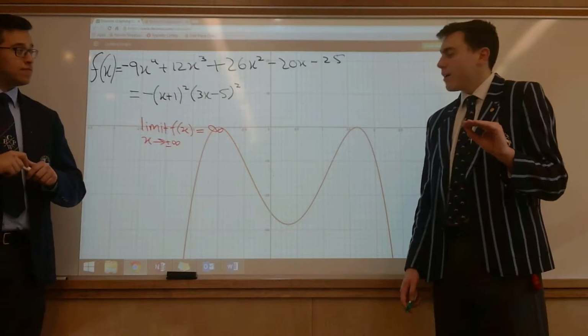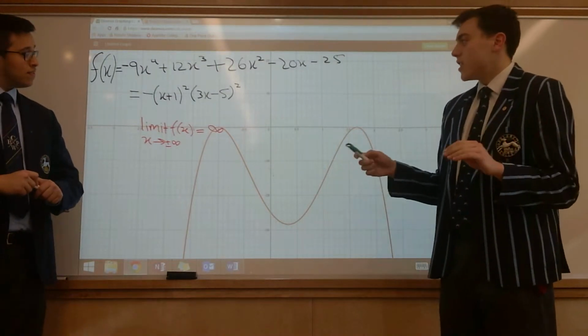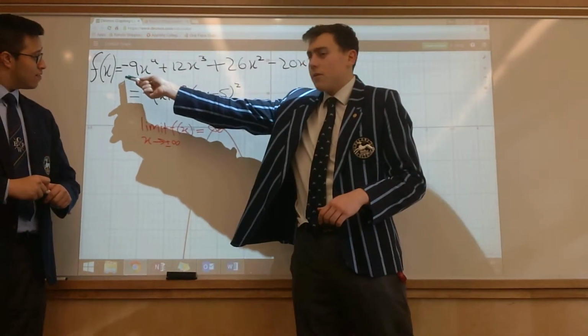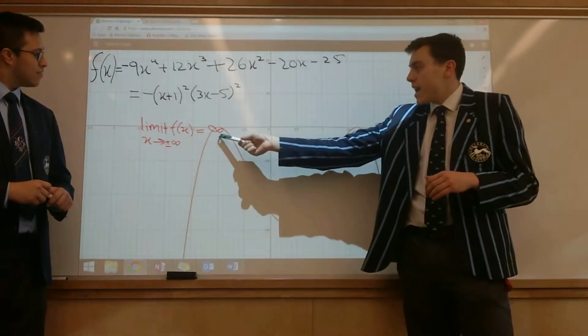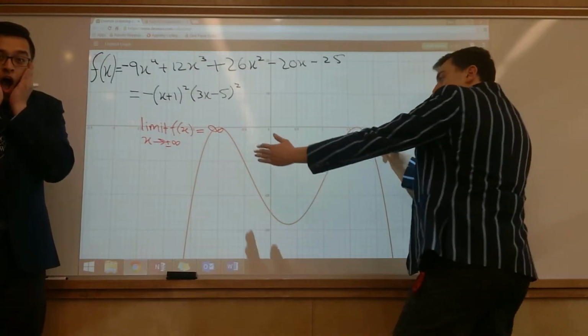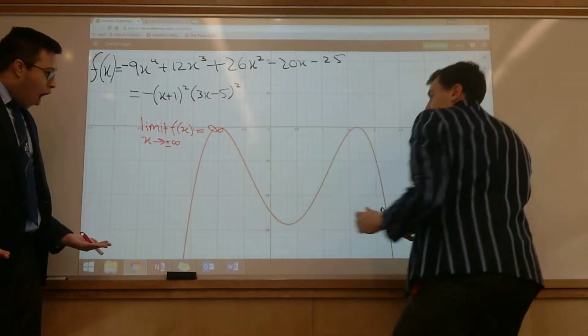But wait, Basil, since our function has a negative sign in front of that first term, doesn't that make this negative infinity as it's approaching from both ends?